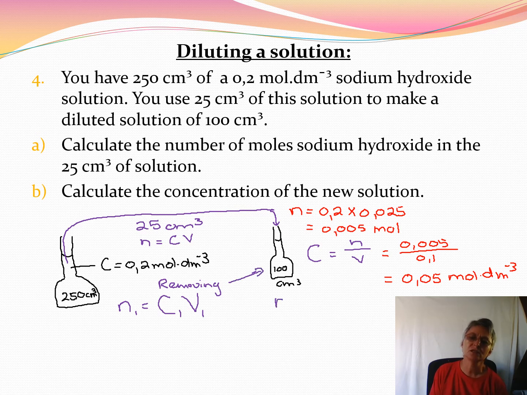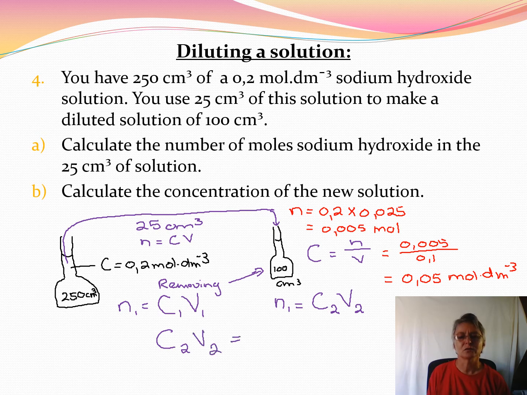So these moles here are the same as the moles that we're taking out, but now the concentration is different and the volume is different. Because C1V1 is n and C2V2 is n, we can say C2V2 equals C1V1. So C2 times, and we've got a volume.